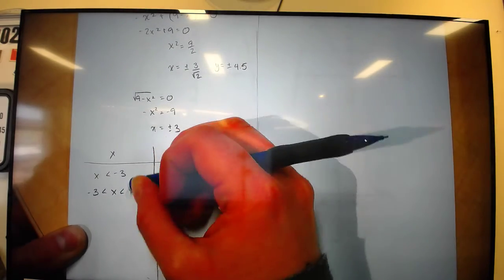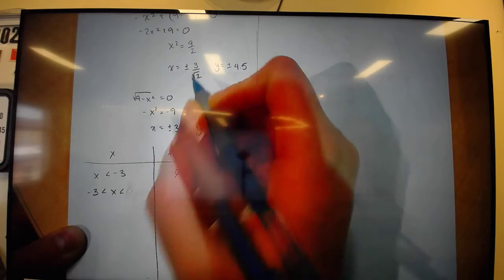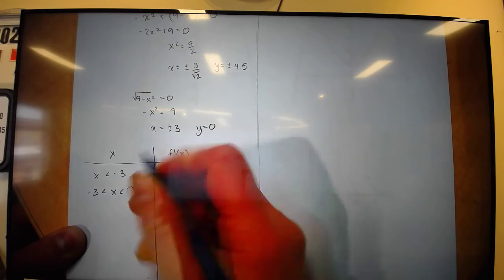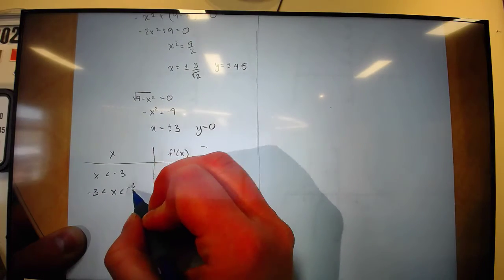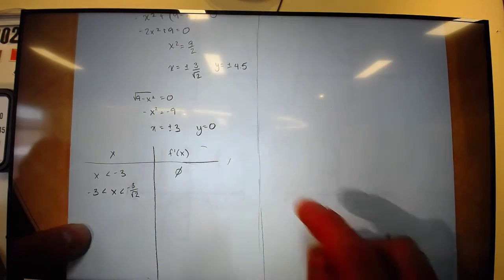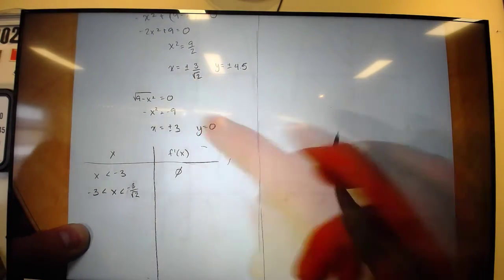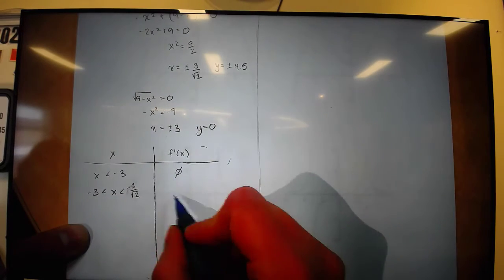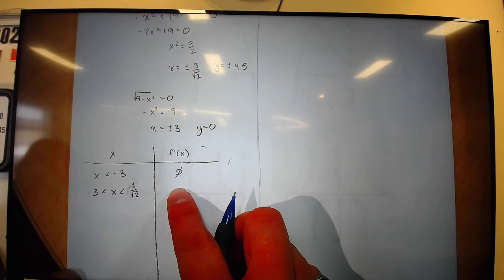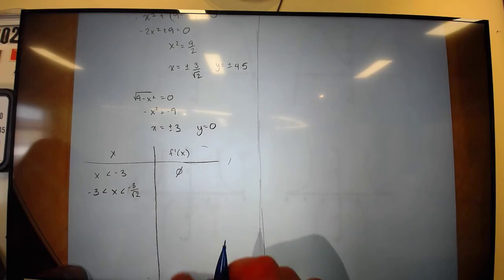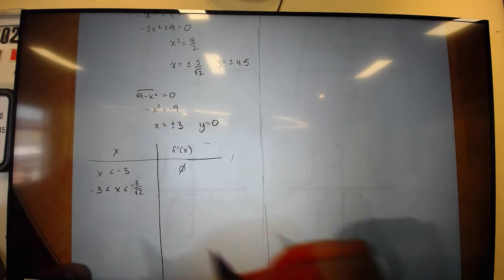Between negative 3 and negative 3 over root 2, okay, that's another one of our critical points here. If I plug in values, and we'll get to that in a second, we can figure out whether that's positive or negative, and then whether it's increasing or decreasing based on that.